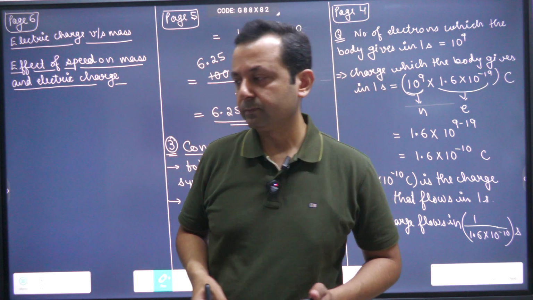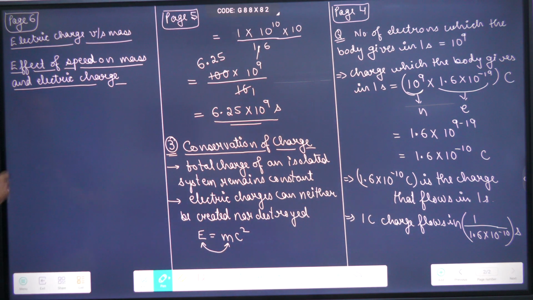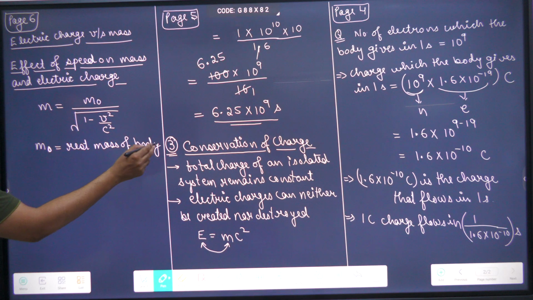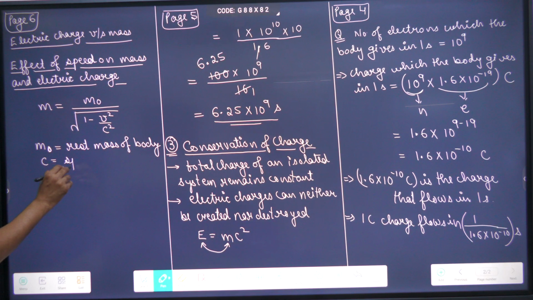As per the special theory of relativity, there is a relation m is equal to m naught upon under root 1 minus v square upon c square, where m naught is rest mass of the body, c is speed of light, m is mass of body when moving with speed v.